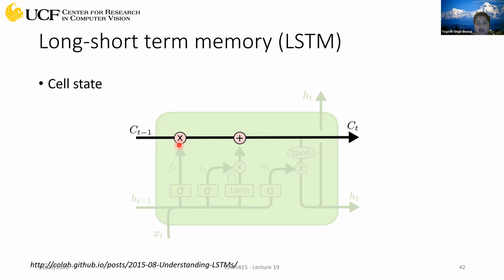Now, on your cell state, you can perform two kinds of operations. The first operation is from the forget layer. The second operation is from the input layer. The forget layer tells you if you need to forget something in your current cell state. This is your memory.